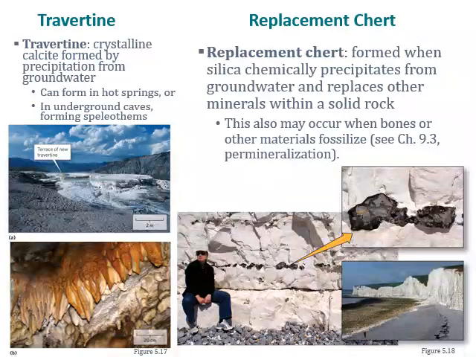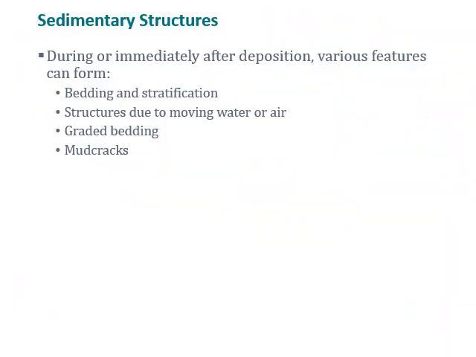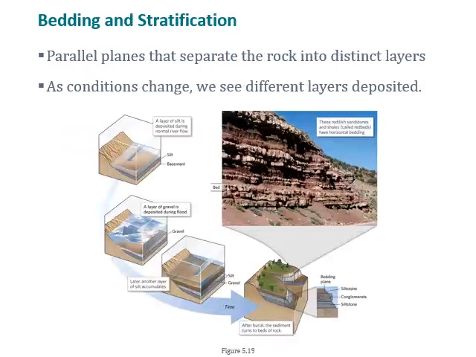Sedimentary structures form during or immediately after deposition, and there are various features that can form. These include bedding and stratification, structures due to moving air or water, graded bedding, and mud cracks. Bedding and stratification is the most common sedimentary structure seen because sedimentary rocks are deposited in horizontal layers.